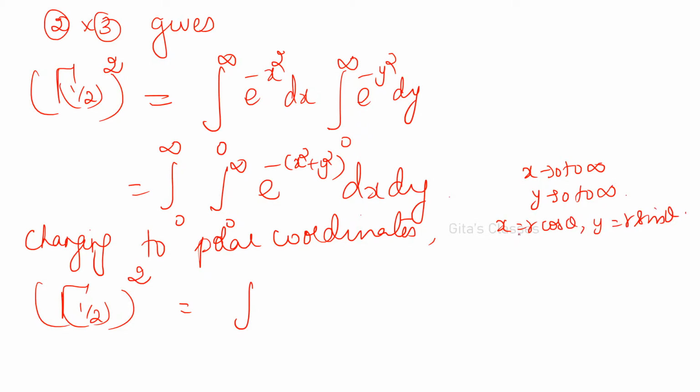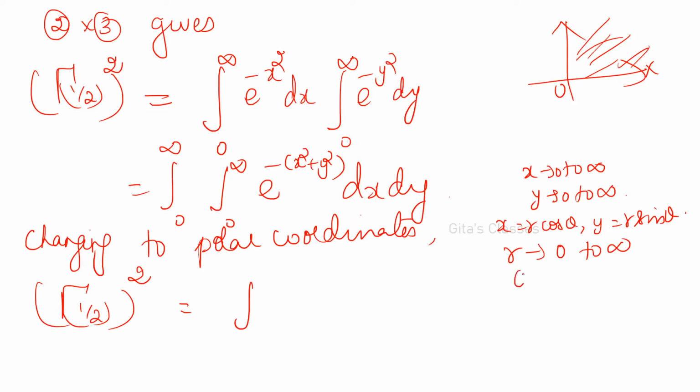These are the substitutions. You will get the entire first quadrant as the region. So r varies from 0 to infinity and theta varies from 0 to pi by 2.